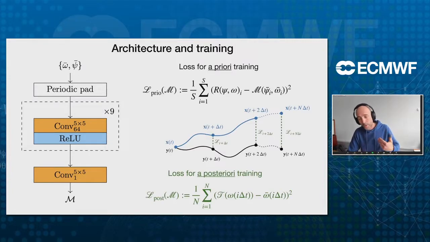And on the other hand, we're also trying to learn what we call an a posteriori training strategy, where the loss is built out of a comparison of the actual model state over several successive time steps. So we have this loss here that involves a model integration, but also the projection tau from fine grid to coarse grid.